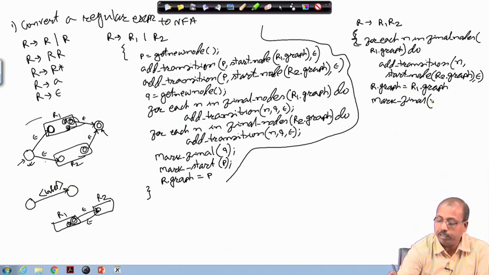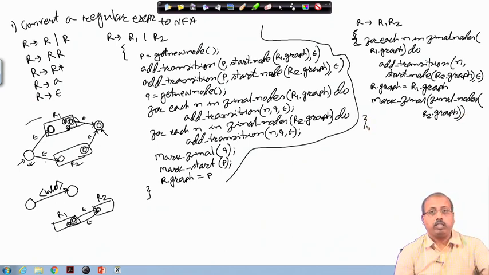So, by applying the function final nodes, I get the final nodes of R2. So, that is R1 R2. This way we can do it for the concatenation of two expressions.